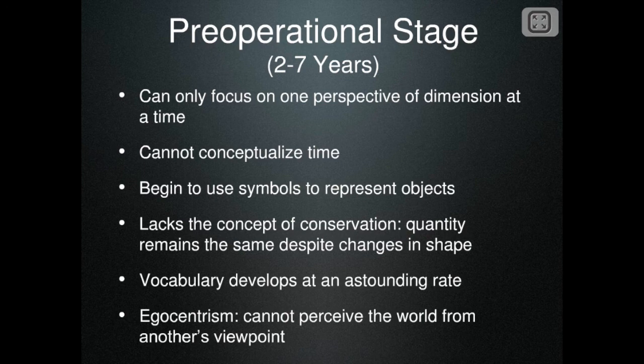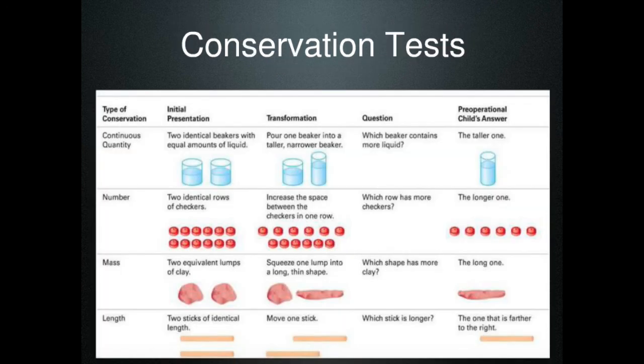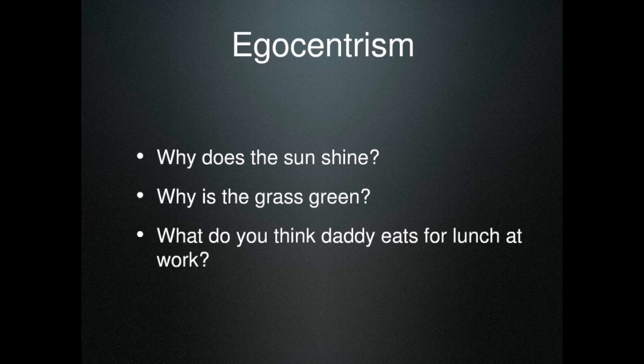And egocentrism happens in this stage. So the preoperational stage, they're just basically lacking conceptualization. They're having trouble conceptualizing and perceiving different higher level thinking things. So these are the types of tricks that you can play on a child who's in this stage.